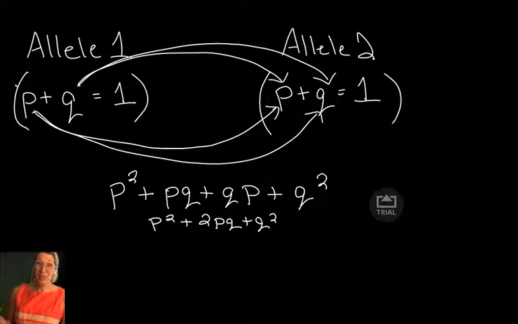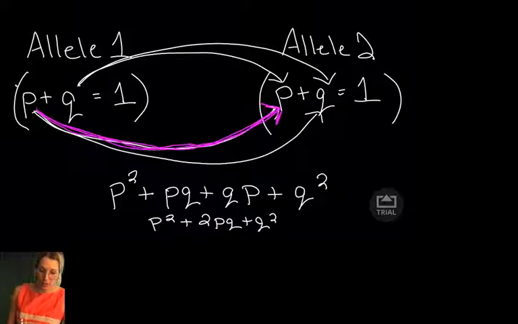And what we're doing is we're just using the distributive property or the FOIL method. Hopefully you guys remember the FOIL method to get this equation. So remember, the FOIL method is first. So for allele 1, we've got P is first. So we go first to first, and I'm going to use purple. I hope all that stuff we did in genetics, you're like, oh, that's awesome and useful. So P times P is P squared, first.